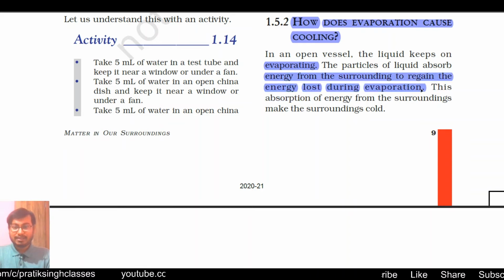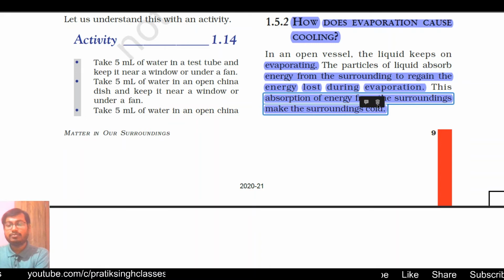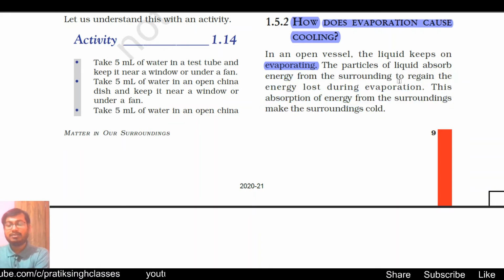When the liquid is kept in an open area, its particles absorb energy from the surroundings, and because of that absorption, their kinetic energy increases and so they evaporate. This absorption of energy from the surroundings makes the surroundings cool. Because the liquid is absorbing heat from the surroundings, the temperature of the surroundings will drop down and become cold.